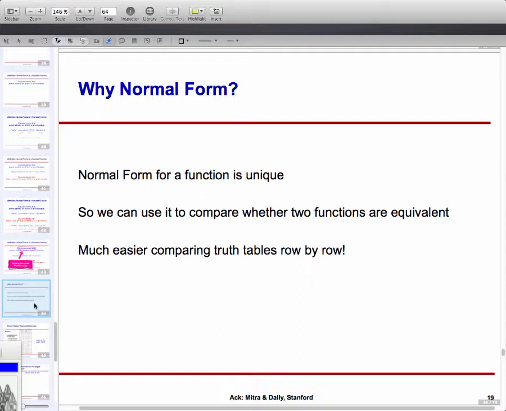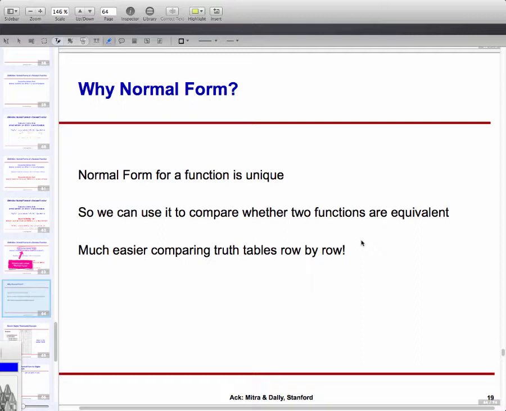So what we can do is compare whether two functions are equivalent. So if I say, hey, I have a box which implements a digital function, and you claim you have one also, we want to find out, do they do the same thing? One way of doing it is we say, tell me the normal form representation of your box, and I'll come up with the normal form representation of my box, and I can then just compare.